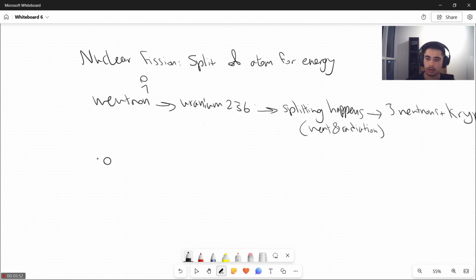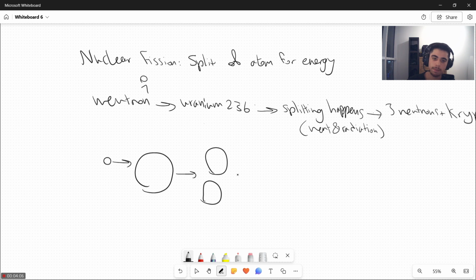Let's also draw the diagram here for you guys if you are confused about it. So we have the neutron projected into a big uranium, and then splitting happens. So we have 1 and then 2 here, and energy.